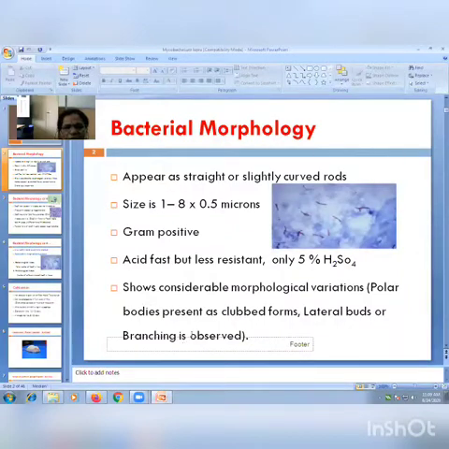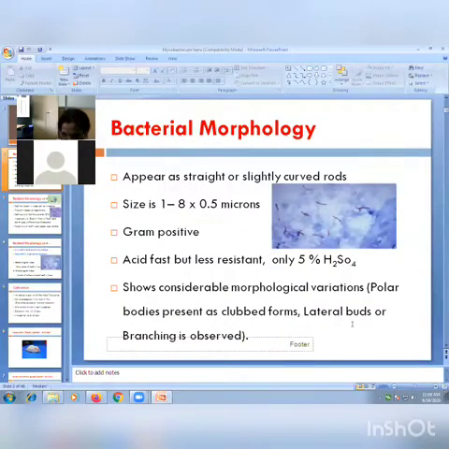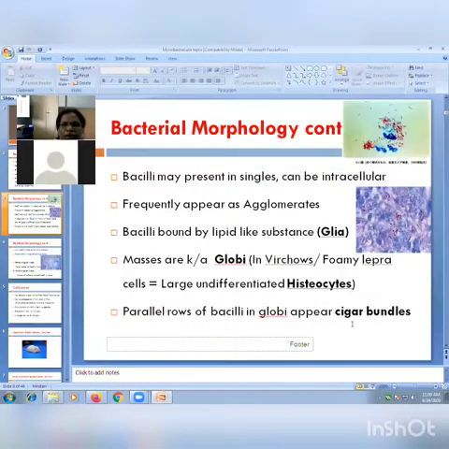They are present in clubs, as we have seen, in bundles. This is the typical presentation. These are present in bundles. Bacilli are present intracellularly, that is important.